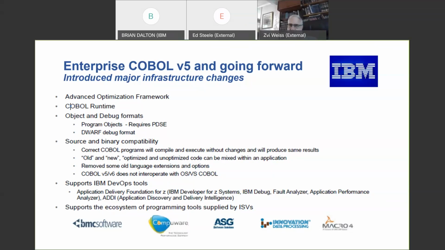I will point out that we do not go all the way back to the remote prehistoric past, so COBOL version 6 does not interact with the old OS/VS COBOL. You don't have to answer this, but people should think, when was the last time anybody had to compile something in OS/VS COBOL, and why? Ed?